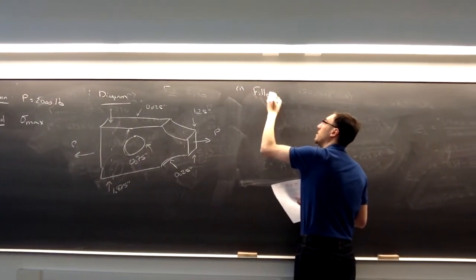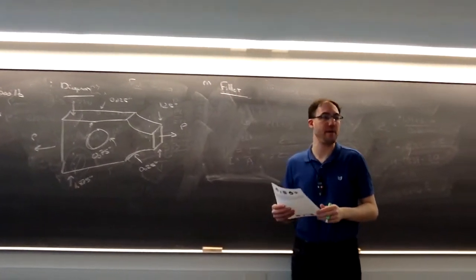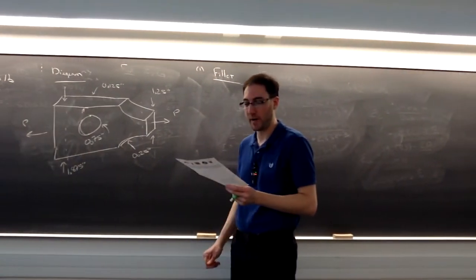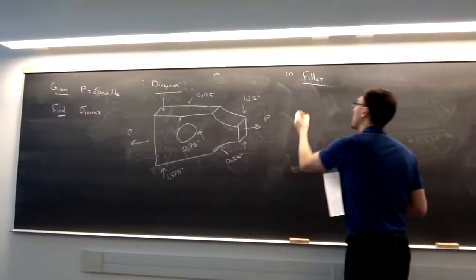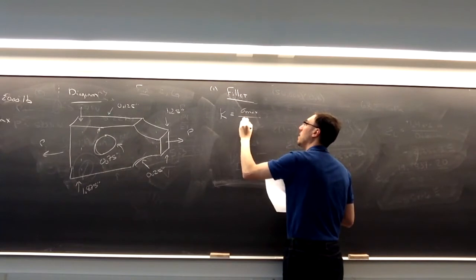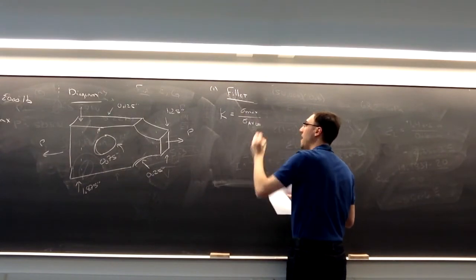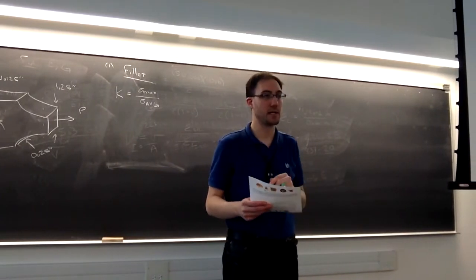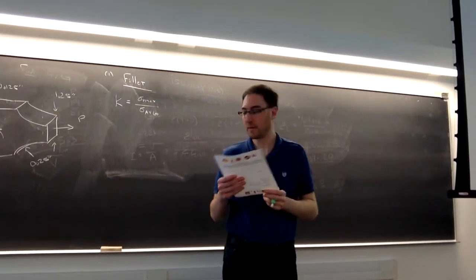Right, so let's check the fillet first and find what the maximum normal stress is going to be near the fillet. Again, that K value is the maximum stress over the average stress, depending on how they want us to calculate the average stress.